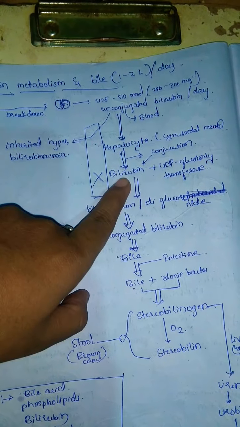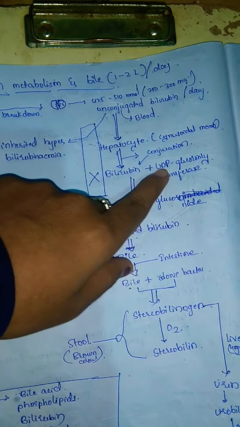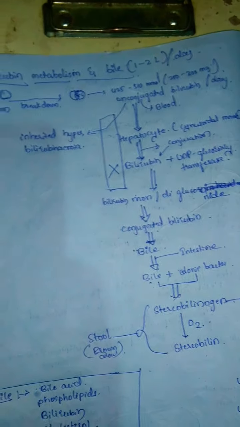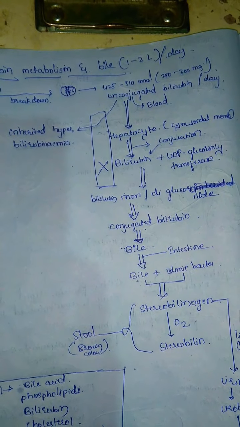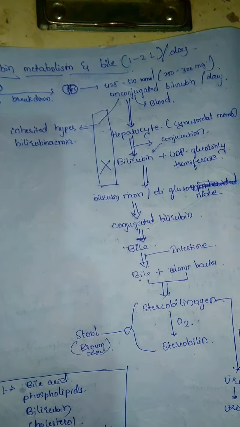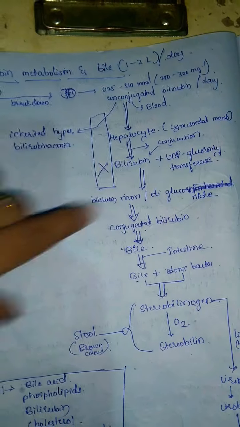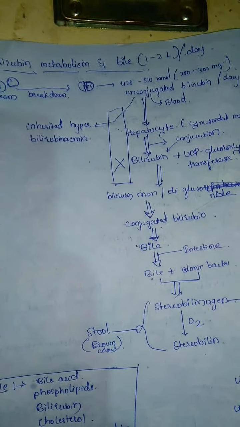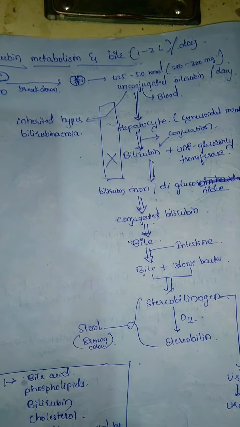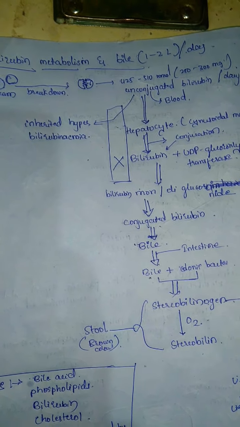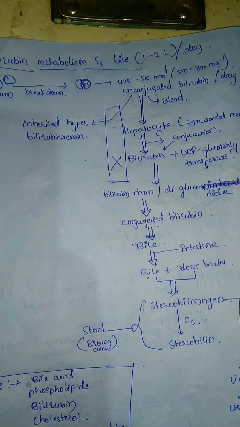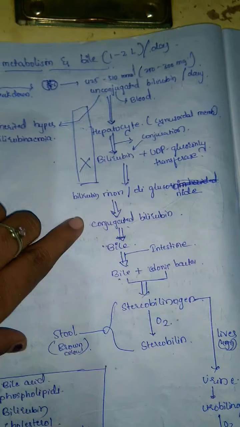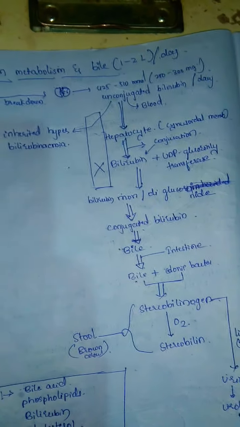That unconjugated bilirubin gets conjugated by adding glucuronic acid, producing bilirubin mono and diglucuronides.